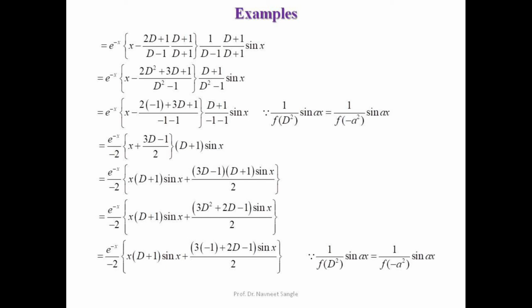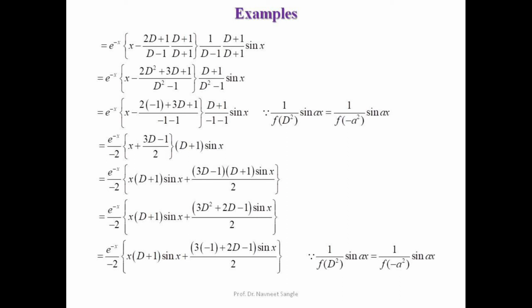Now when we try to simplify this term, according to type 2, whenever we find the value of the particular integral of any equation, for sine of ax or cos of ax, replace D square by minus a square. Then if we simplify according to type number 2, we get e raised to minus x in bracket x minus, replace D square by minus a square.